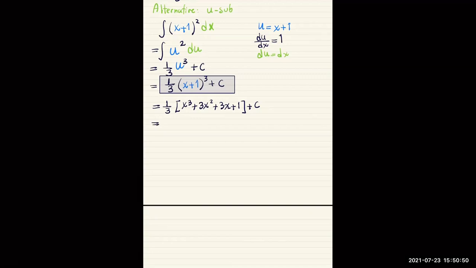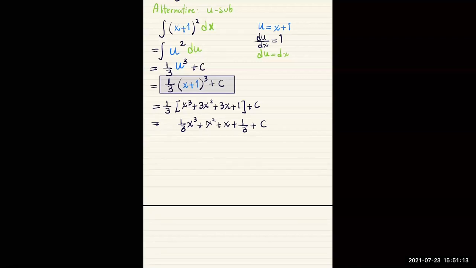You get 1/3 x cubed. Now this 1/3 multiplied by these two, those 3's will cancel. You get plus x squared plus x plus 1/3 plus c. Okay, so that's the answer I got.